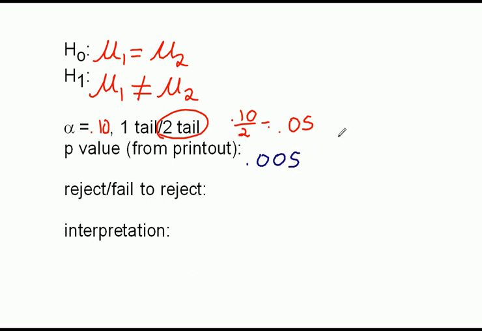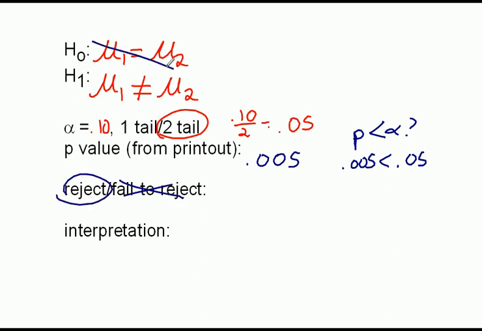Is p-value less than alpha? Is 0.005 less than 0.05? In other words, would this be in the rejection region? Yes, it would. We will reject our null. We think that we have a statistically significant difference between public and private universities.